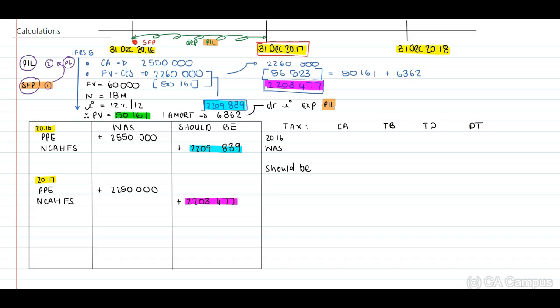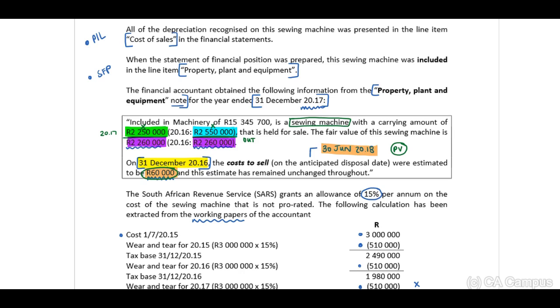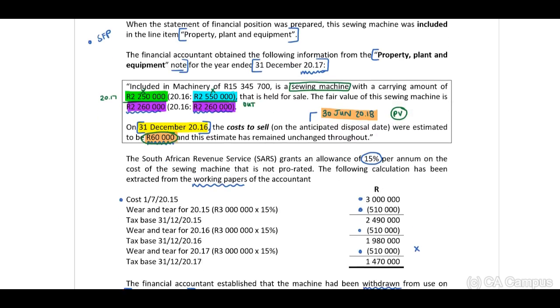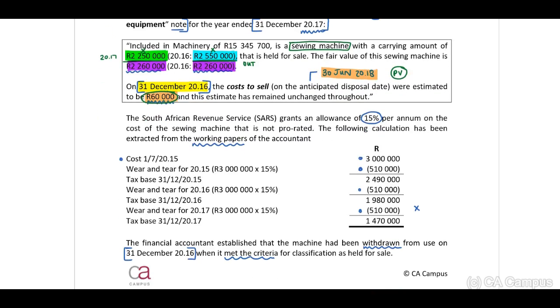Okay, was, they had a carrying amount of 255,000,000. Tax base, guys, in the given scenario, they've indicated to us when you look at the working papers. Our tax base at the end of 20.16 was 1,980,000.